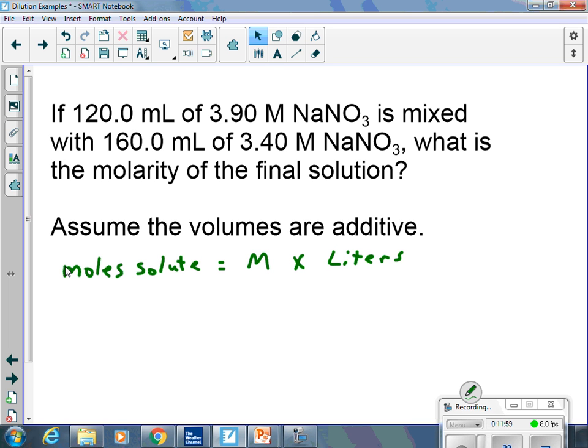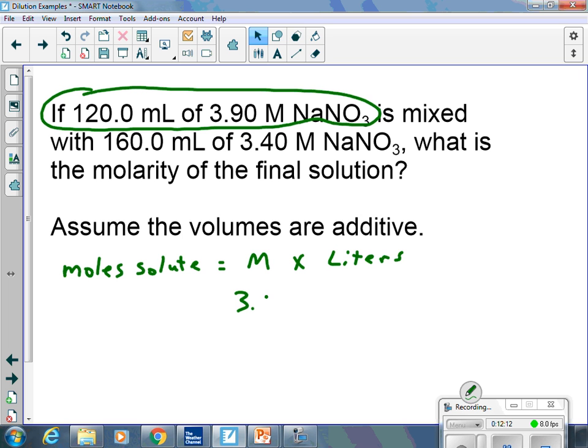So what I'm going to do is determine how many moles I have of this first. That one's going to be in the green. So I'm going to take 3.90 molar, and I'm going to multiply that by 0.1200 liters.